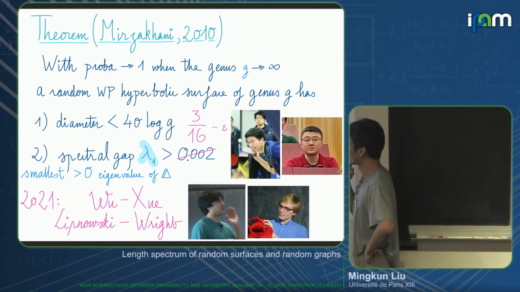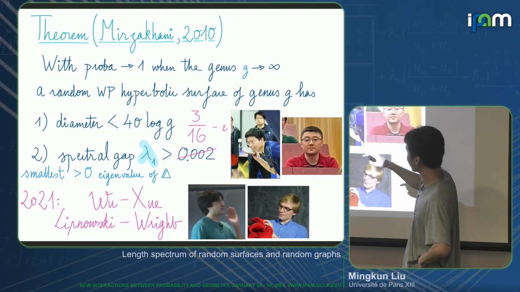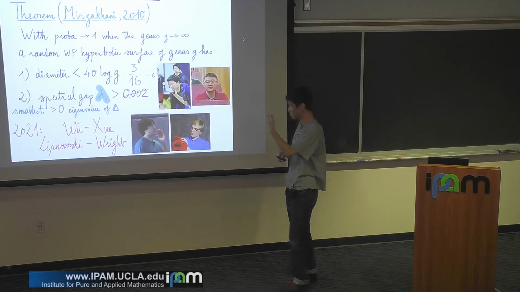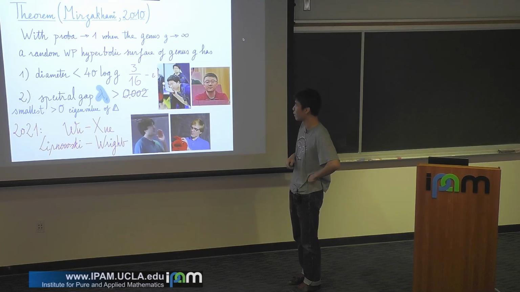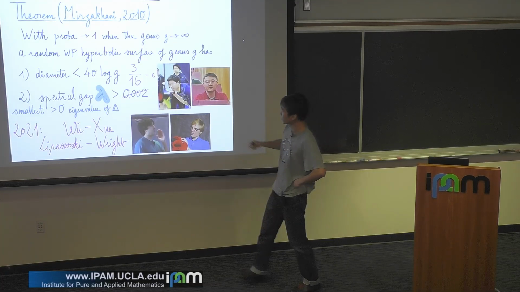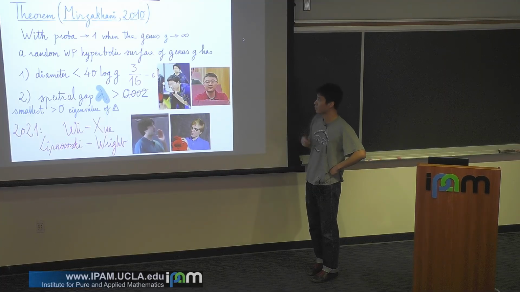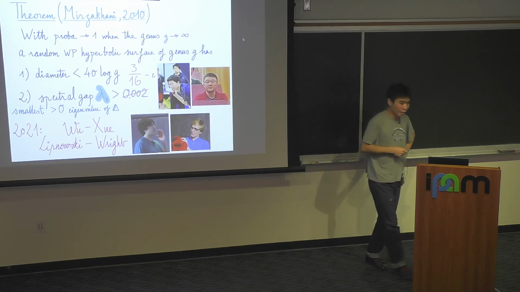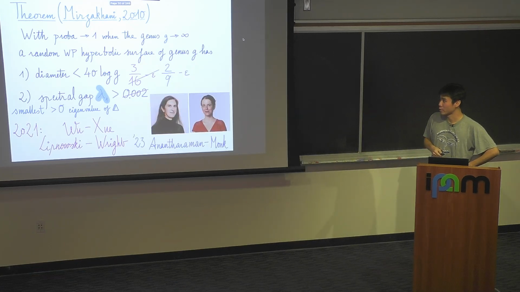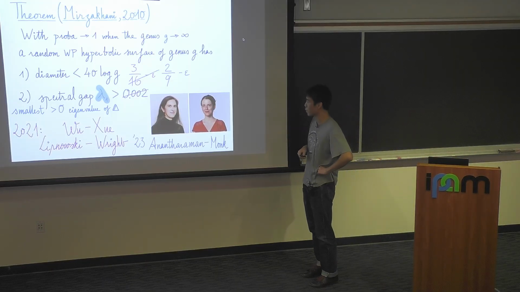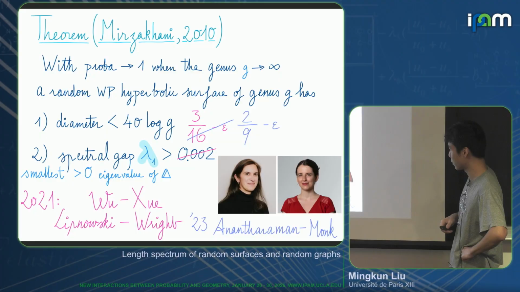They managed to improve this number very significantly to 3/16 minus epsilon, but this epsilon can be arbitrarily small, so it's really the first number which counts. And 2 years later, this was pushed again by Nalini Anantharaman and Laura Monk.